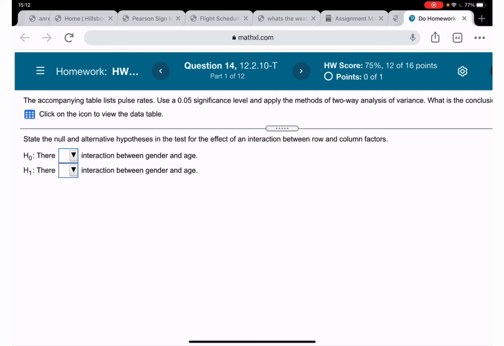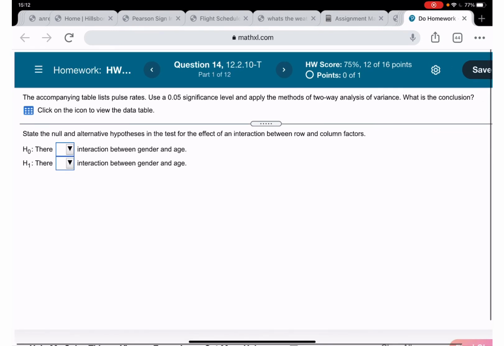All right. The accompanying table lists pulse rates; at the 5% significance level, apply the method of two-way analysis of variance. What conclusion can we draw?